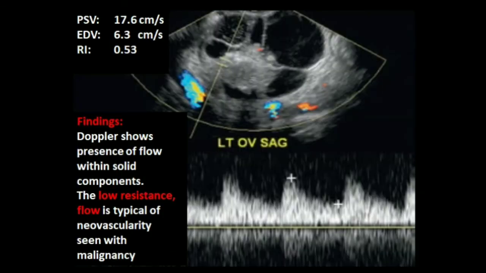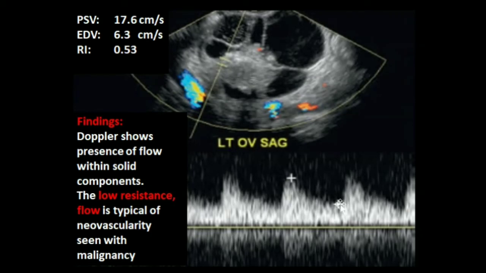Applying the color Doppler shows the presence of blood flow within the solid components. By application of spectral analysis, the peak systolic velocity is 17.6 centimeters per second, while the end diastolic velocity is approximately 6.3 centimeters per second.